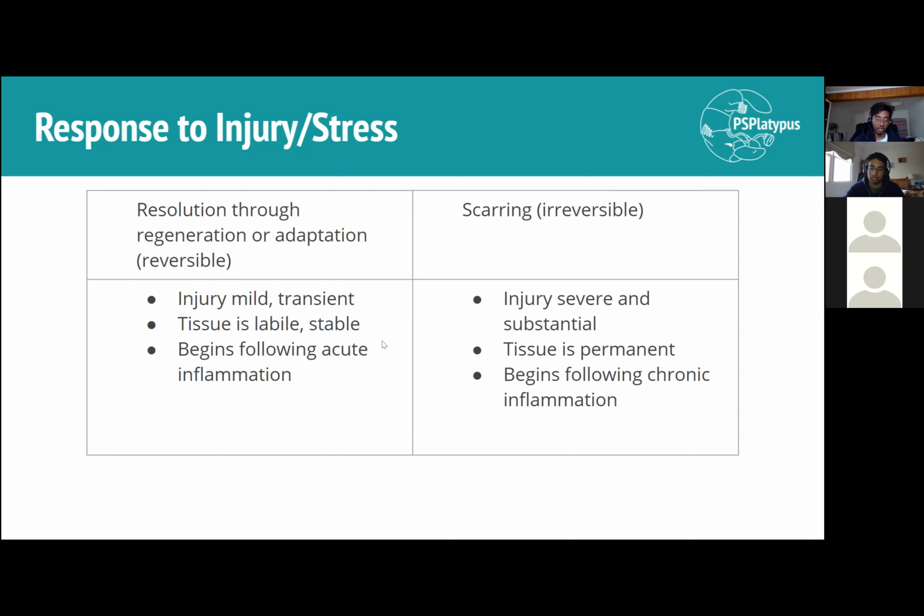And stable is that it's generally stable, but it can regenerate when needed. But scarring, obviously, when the tissue is permanent. Reversible injuries begin following acute inflammation. Scarring follows chronic inflammation. So I want you guys to keep in mind that there are different pathways that the body can take in response to injury or stress, depending on the nature of the injury or stress.